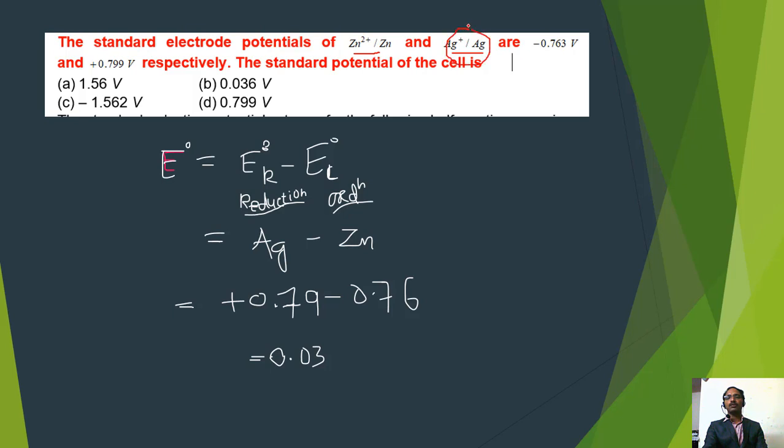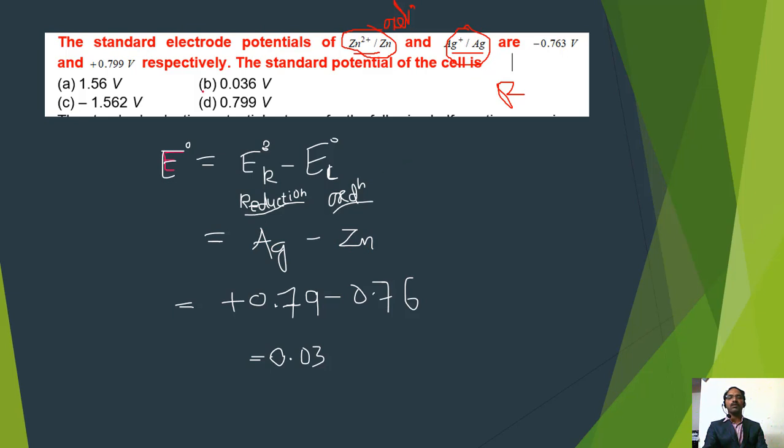Obviously, Ag plus to Ag is undergoing reduction, zinc will be undergoing oxidation. So, what is the formula? E naught cell equals E reduction minus E oxidation, E right minus E left. So, E reduction, the silver value, minus the zinc value.